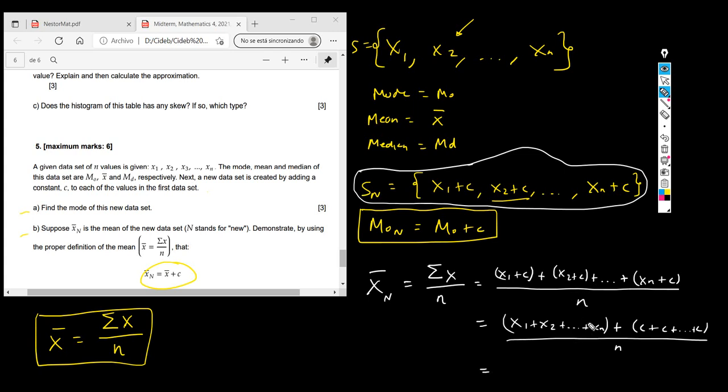And then just realize how many c's we have in this whole term in between parentheses. We have n c's, right? We have one c, two c's, etc., and n c's. So all of this is equal to nc, clearly, right?